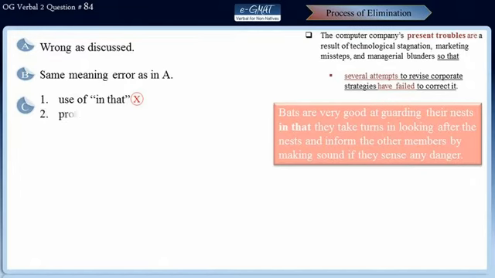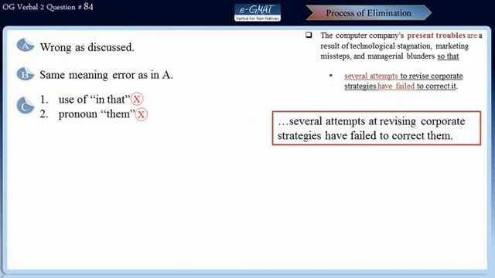Also, pronoun them is not correct in this choice. Logically, this should refer to technological stagnation, marketing missteps, and blunders. But the way it is used, it refers to strategies. Well, how is that happening?